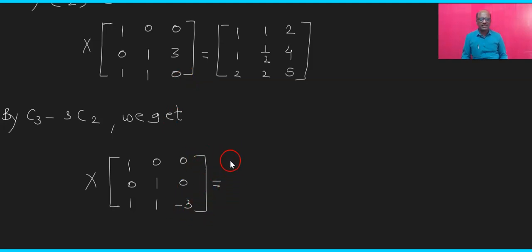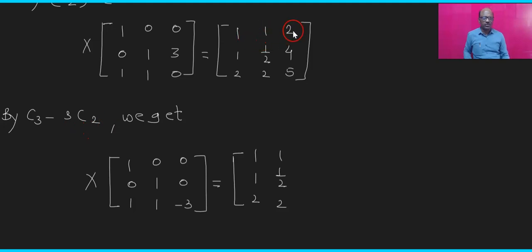On this side the first column 1, 1, 2 is as it is, the second is again as it is, 1, 1 upon 2, 4, and the third is C3 minus 3 times C2.